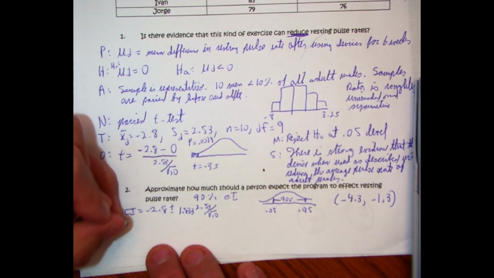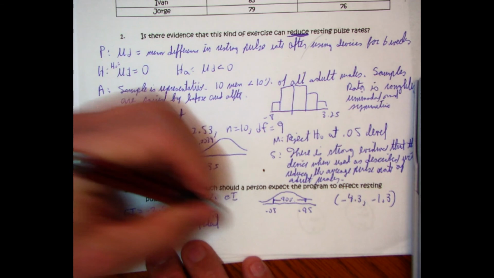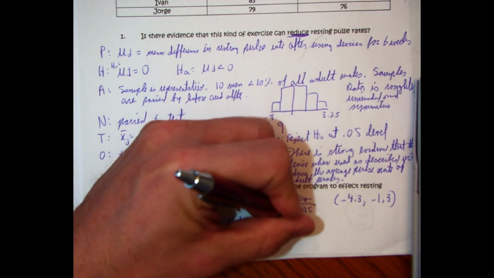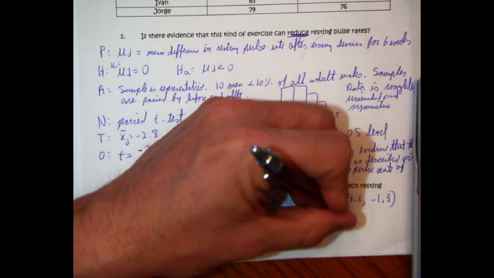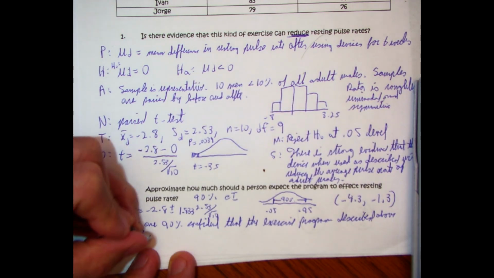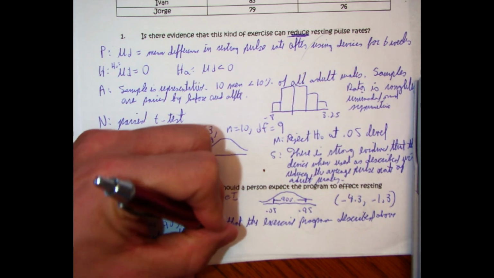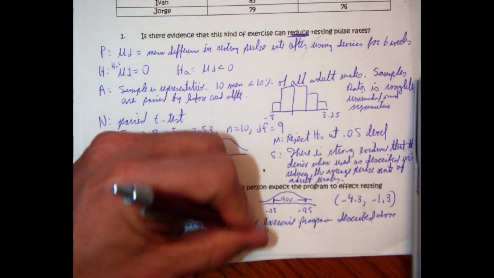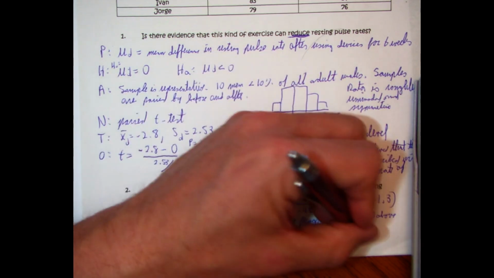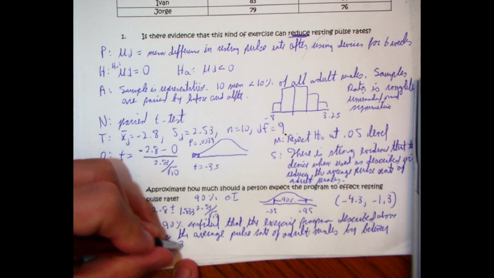So we are 90% confident that the exercise program described above will reduce the average or the mean pulse rate of adult males by between 1.3 and 4.3 beats per minute, right?